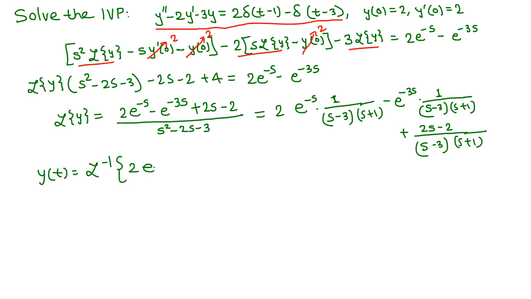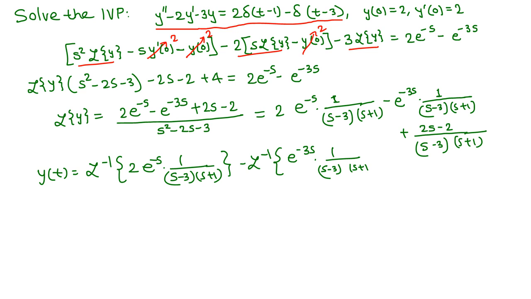Let me write here for now, 2e^(-s) times 1 over (s-3)(s+1), that's the first term, minus the inverse Laplace of the second term, that's negative e^(-3s) times 1 over (s-3)(s+1), plus the inverse Laplace of this fraction (2s-2) over (s-3)(s+1).